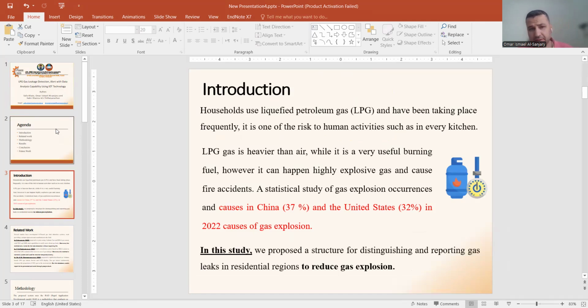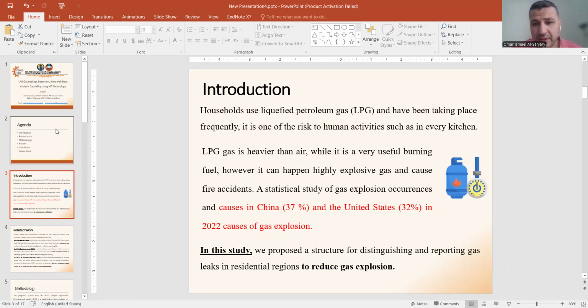You know that liquefied petroleum gas is one of the most dangerous in the world. If anything happens, such as accidents or fire explosions, it is very dangerous and risky at the same time.